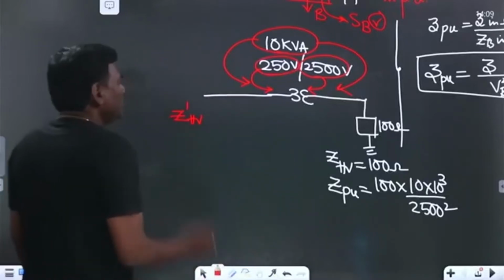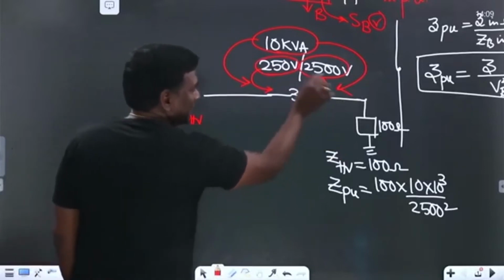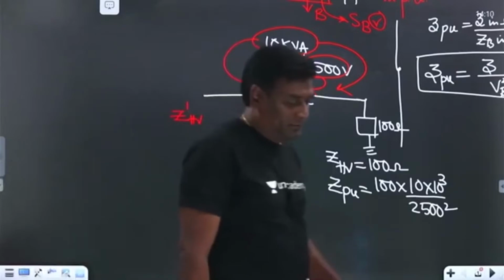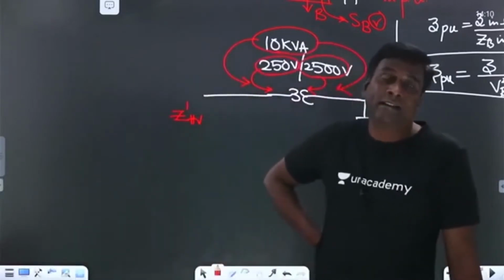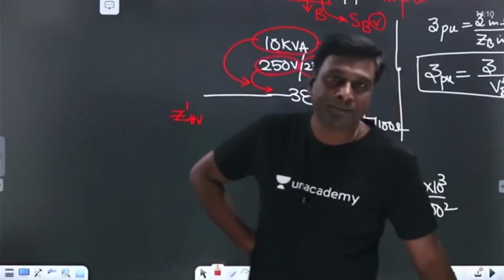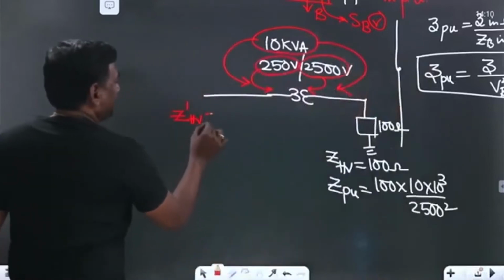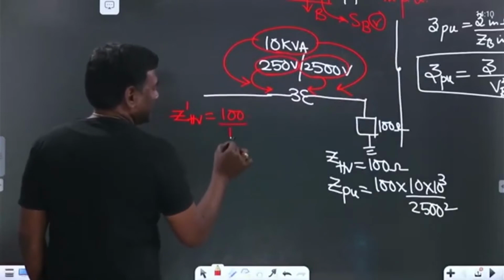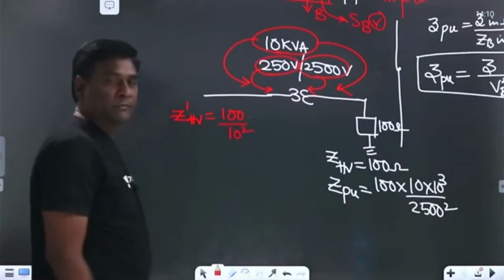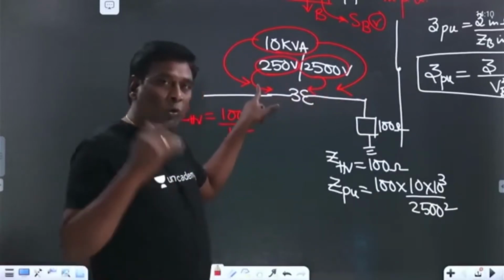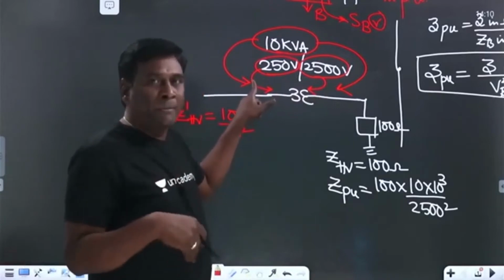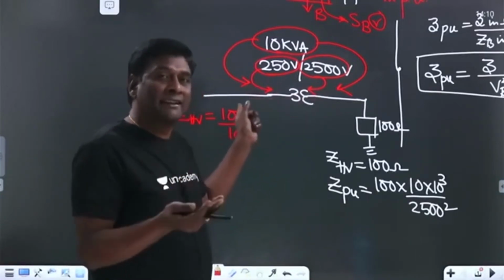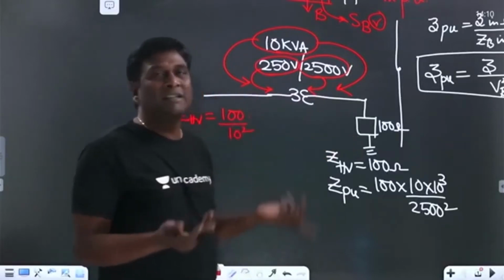Now, going from HV side to LV side, voltages will be reduced, currents will be increased, so V by I has to be reduced by square times. So this is going to be 100 ohm, and this is going to be 10, so 10 square. From HV side to LV side, impedance is nothing but V by I. The numerator has to be reduced and the denominator has to be increased, so the net value should be reduced by square times.